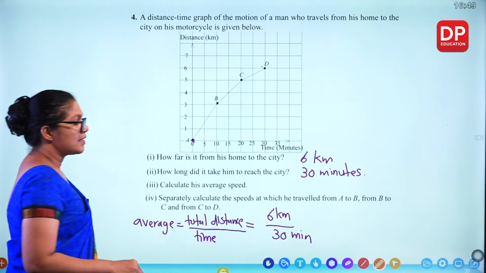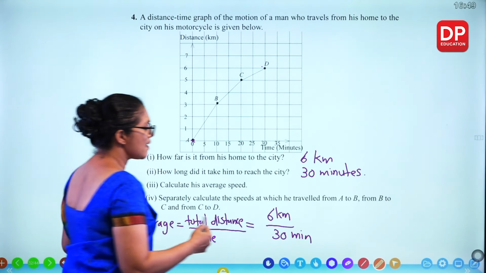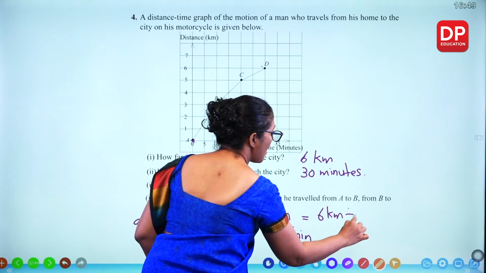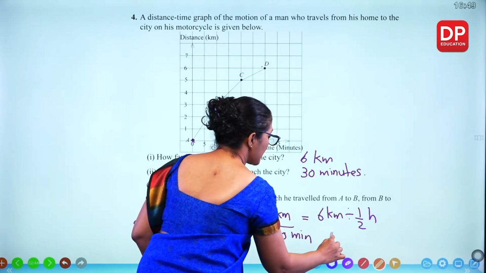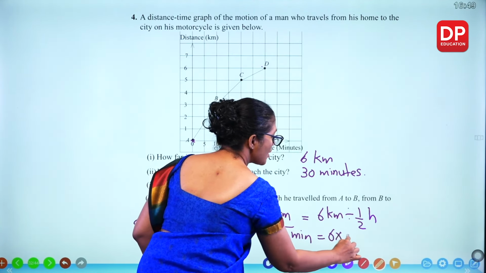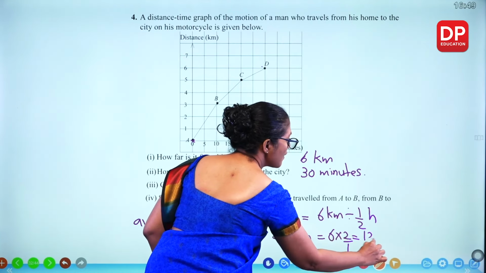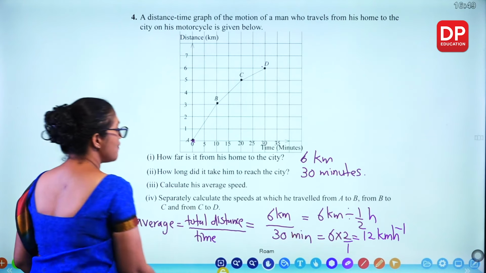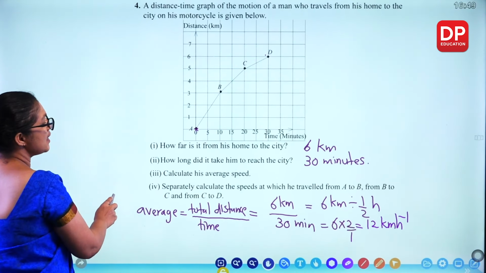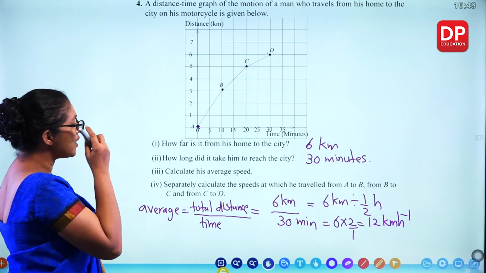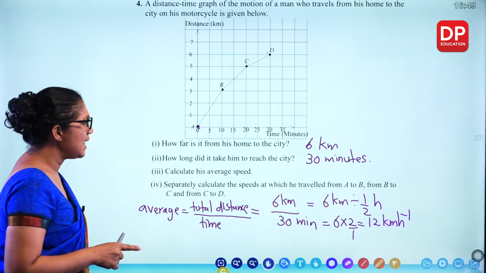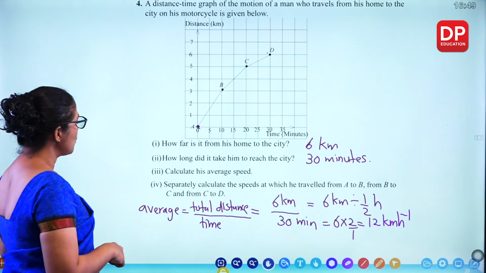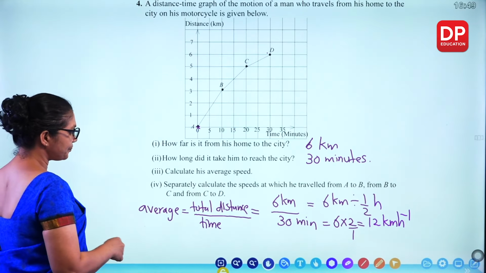I can convert minutes to hours, that means half an hour. 6 kilometers divided by half an hour, I get 6 multiplied by 2, 12 kilometers per hour. That's the average speed. Separately calculate the speed at which he travelled from A to B, from B to C and C to D. Now we'll try to find out separately.